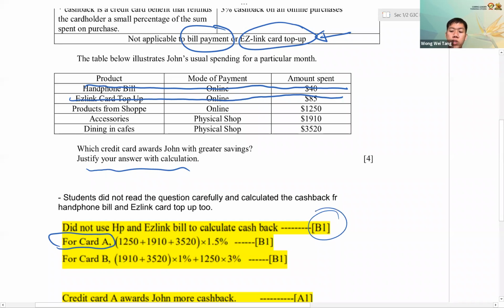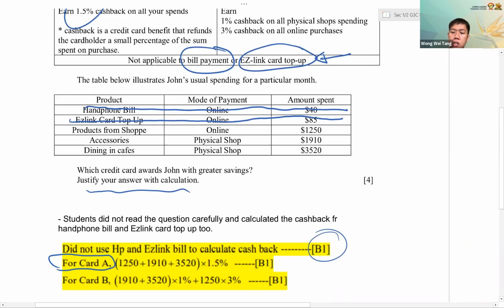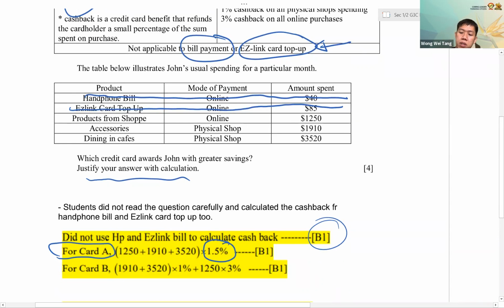But the moment you include that in, you lose that 1 mark. Okay, so now back to credit card A, 1.5% cashback on all spending. So we calculate 1.5% multiplied by the sum of 1250, 1910, 3520. You get a value.